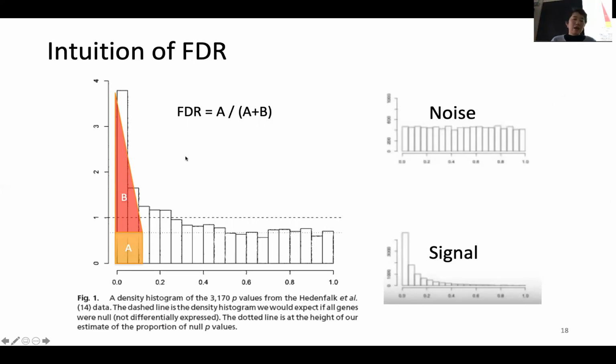And so is there a way we can reduce the multiple hypotheses we're testing? Suppose that you have 10,000 noise versus 300 signal, it's going to be a lot harder to call. But if you have only 5,000 genes and 300 signal, it's easier to call. But how do we reduce the number of hypotheses in this case?